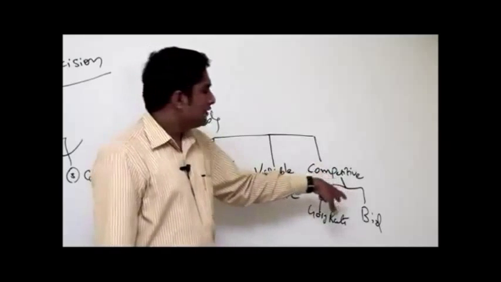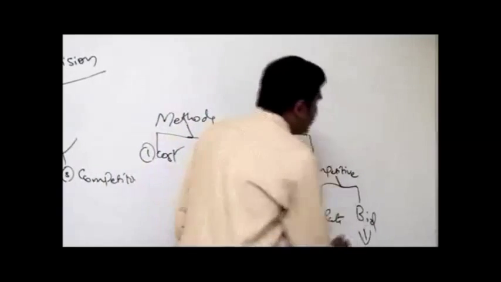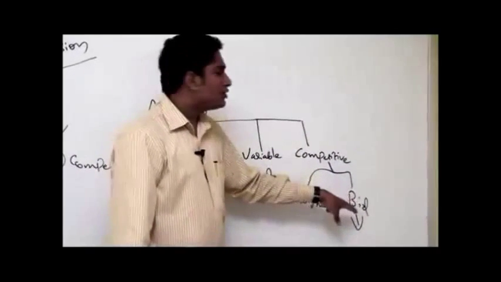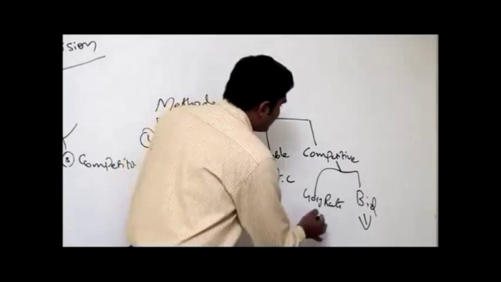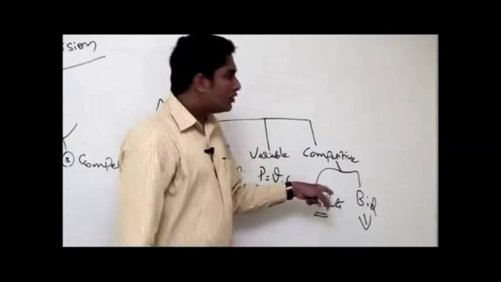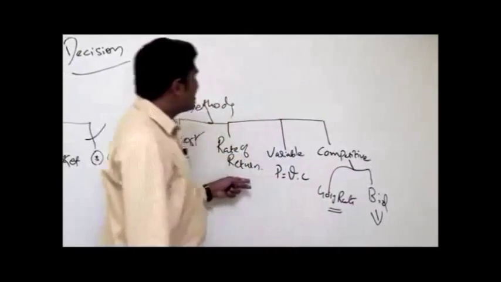In order to win that bid, it charges a price lower than its competitors, while in going rate basis it will be just equal to what the competitor charges. So these are all the methods that have been adopted.